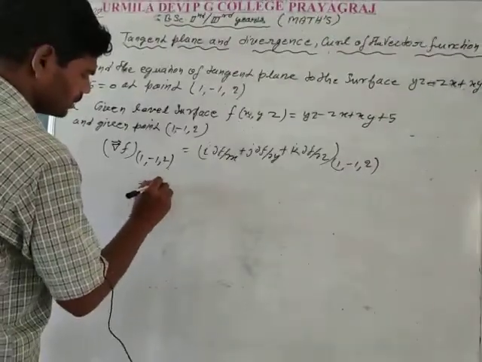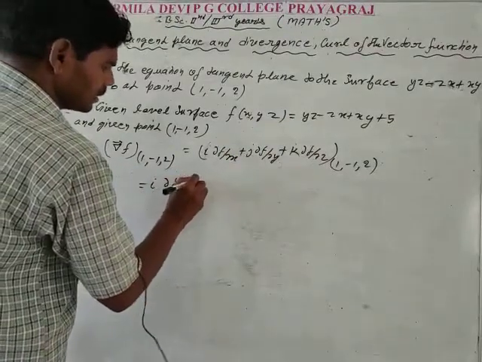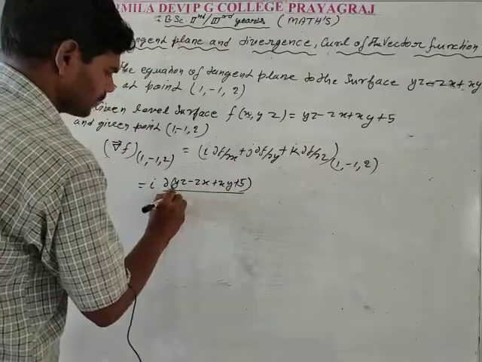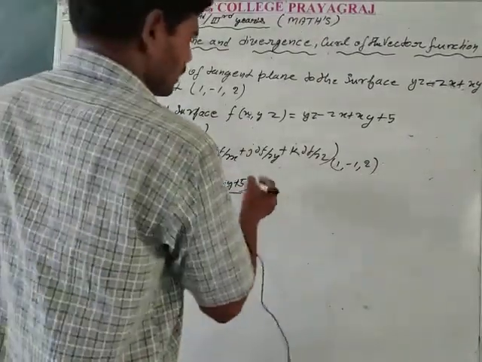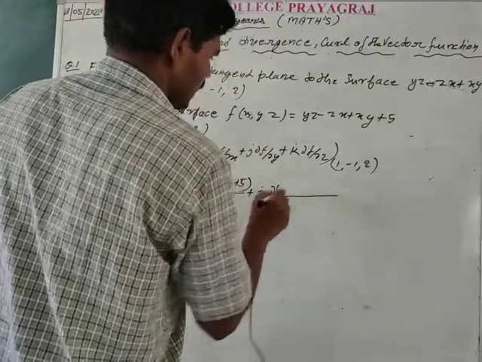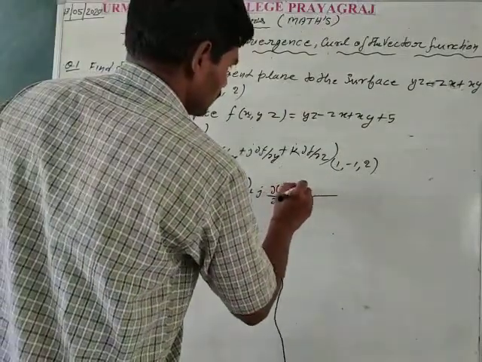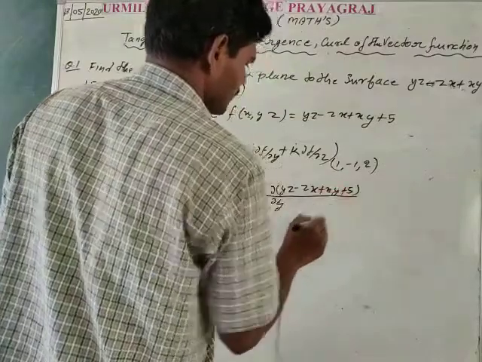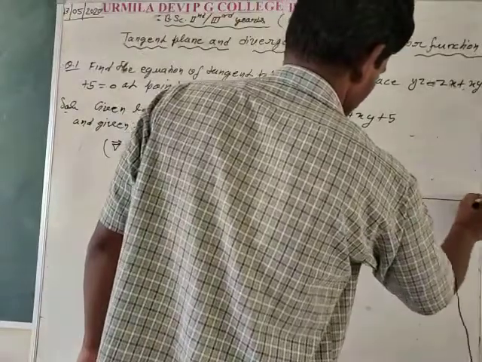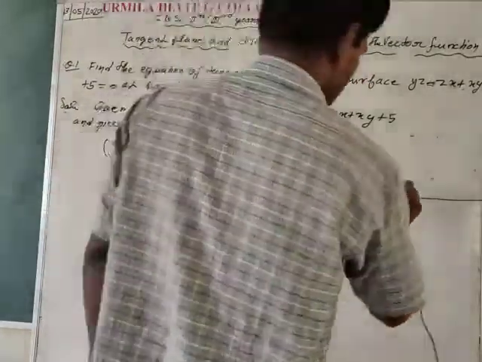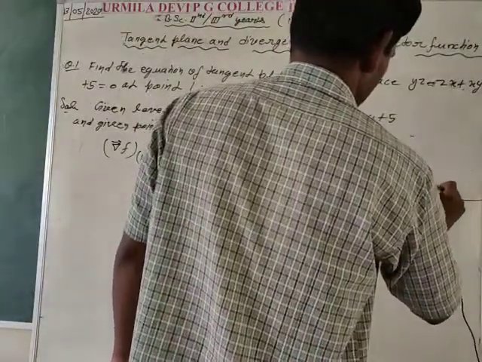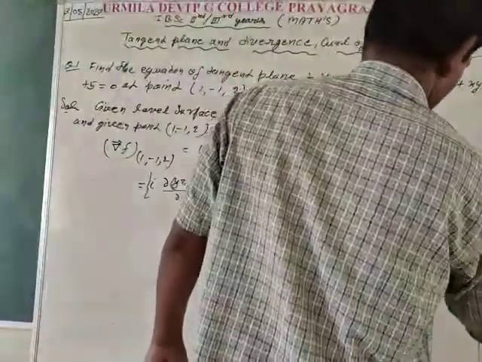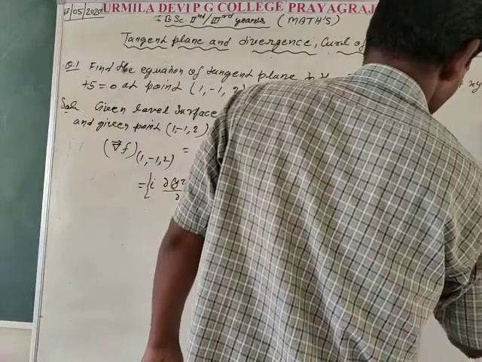So, i times del by del x of yz minus zx plus xy plus 5, plus j times del by del y of yz minus zx plus xy plus 5, at last k times del by del z of yz minus zx plus xy plus 5, taken at the point 1, minus 1, 2.